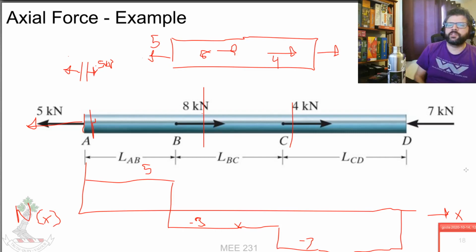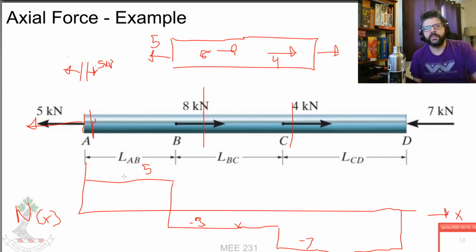So you'll note, we changed the value of the axial force diagram when we hit our point loads, and not surprisingly, the amount that it changes is equal to the amount of the point load.